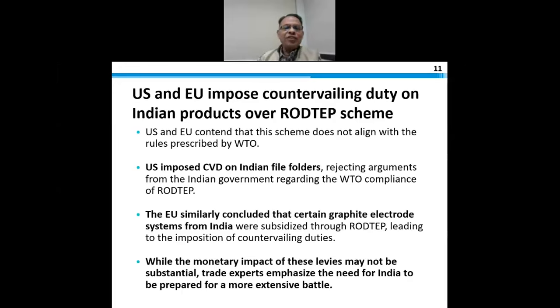The EU similarly concluded that certain graphite electrode systems from India were subsidized through RoDTEP, leading to imposition of countervailing duties. While the monetary impact of these levies may not be substantial, trade experts emphasize the need for India to be prepared for a more extensive battle.